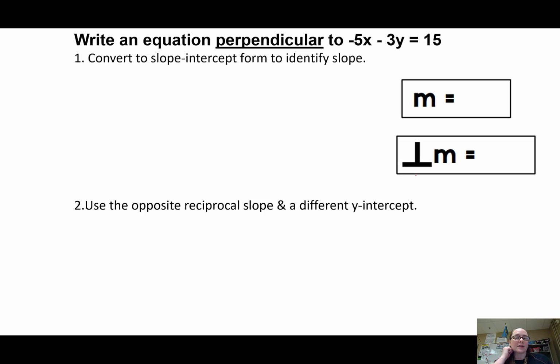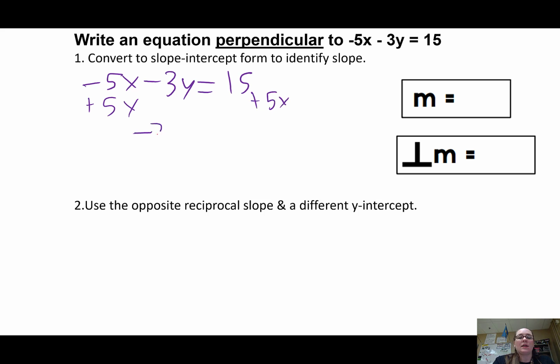All right, so now let's look at some equations. We're going to write the equation that's perpendicular to -5x minus 3y equals 15. First thing is we have to find what the slope of that is. So -5x minus 3y equals 15. Move my x. -3y equals 5x plus 15.